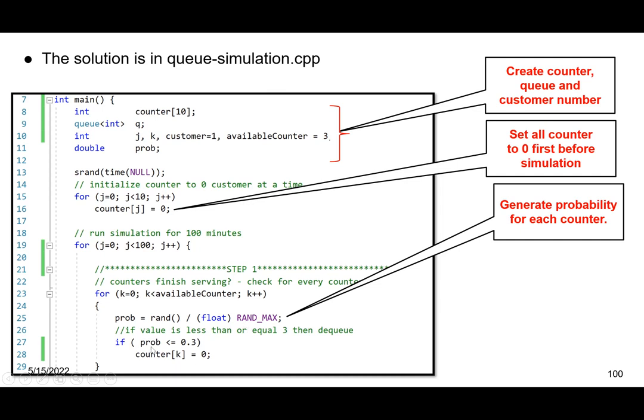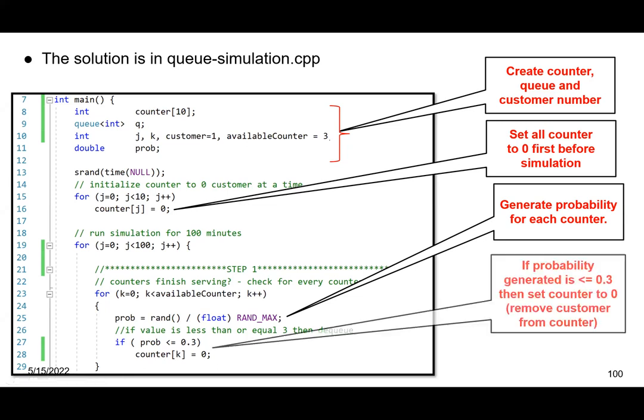Then I check if the random value I generated is less than or equal to 0.3, then set the counter to 0. Else you do nothing. You don't have to do anything if the probability is more than 0.3, right? So this is how we remove the customer from the counter. We just set it back to 0. Okay, so this is my step 1.